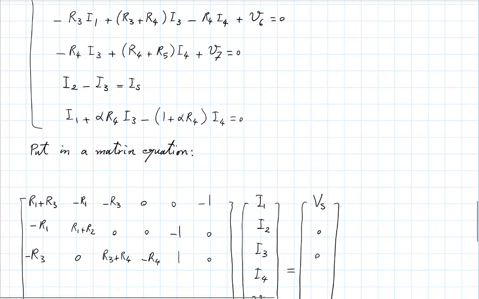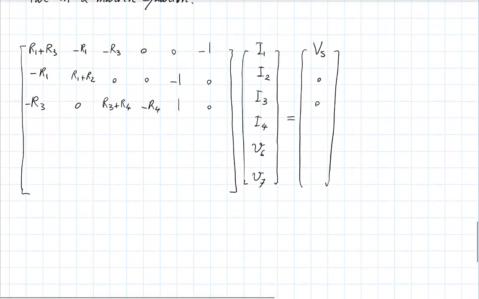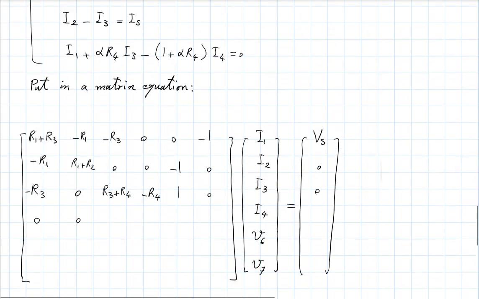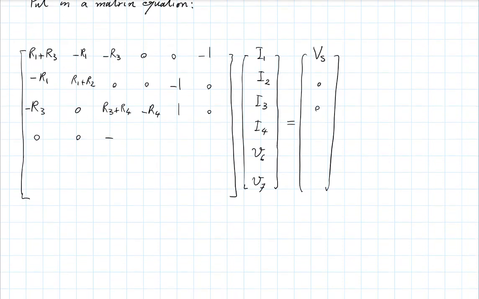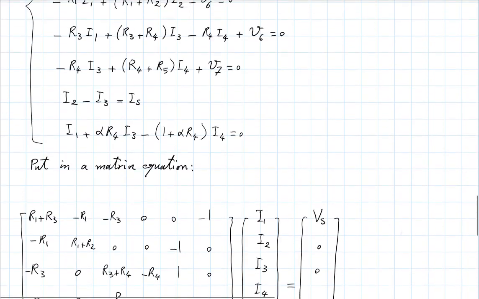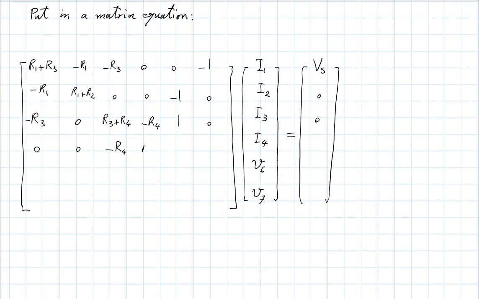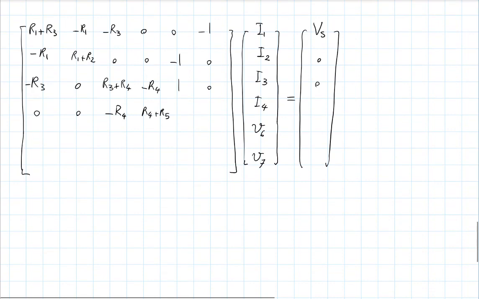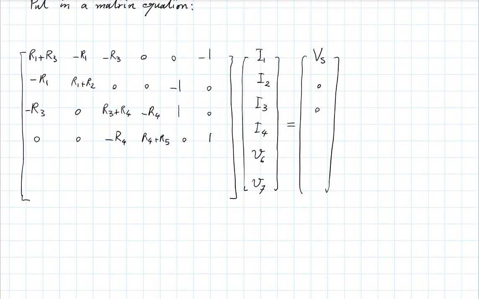Fourth line: there's 0 for I1 and I2, so the first two elements of this row are 0. Then I have minus R4 times I3, R4 plus R5 times I4, 0 for V6 and 1 for V7, and 0 on the other side.